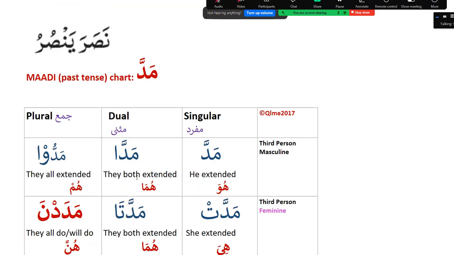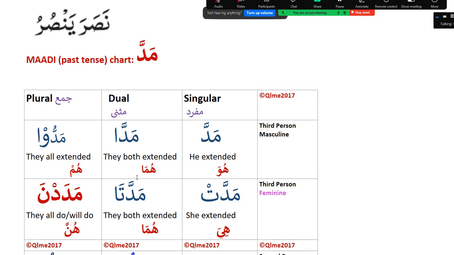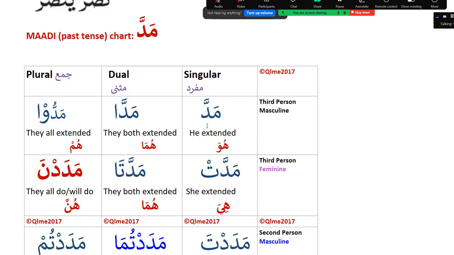Let's take bab nasara yansuru, the madi chart, and I'm taking madda. Madda is to extend. Okay. So this will have a chart similar to the fi'l madi chart, like nasara, nasara, nasaru, nasarat, nasarata, nasarna, right? Madda, madda, maddu. He extended, they both extended, they all extended. Maddat, maddata, madadna.